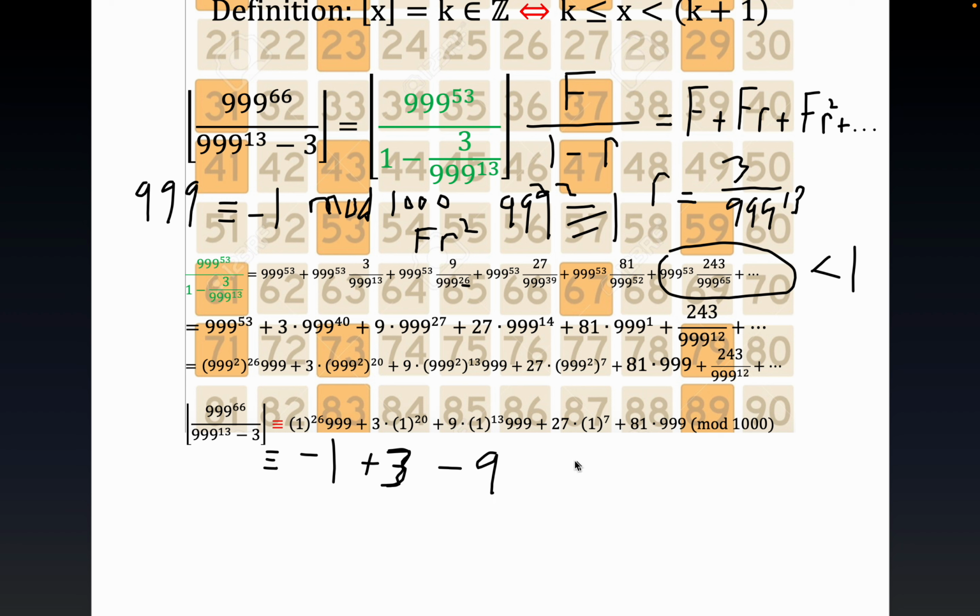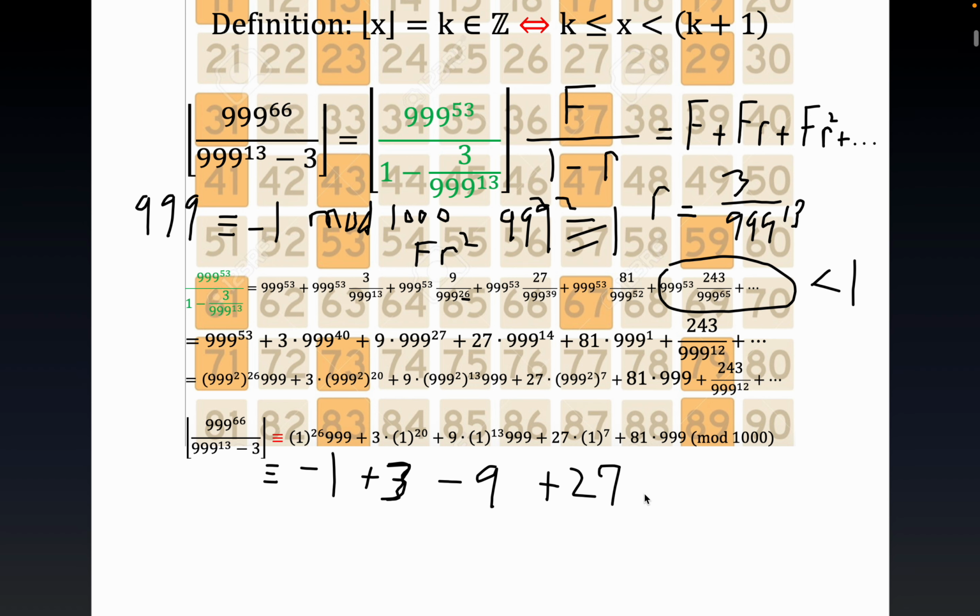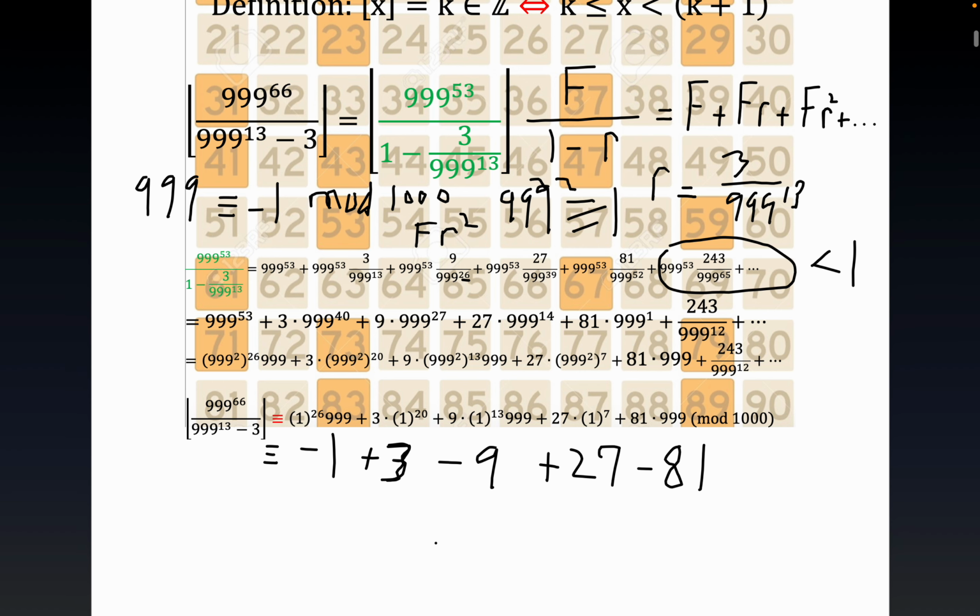Okay, and then right here, plus 27. See, y'all, just all this massive number is getting reduced down to a very small, manageable number. And then right here, finally, we have minus 81. Okay. Pretty amazing, isn't it, folks? Just super large numbers are getting reduced to remainders, basically, modulo 1000.